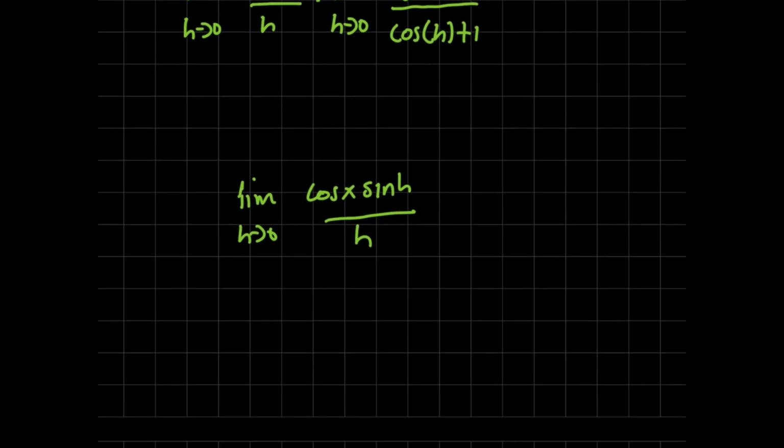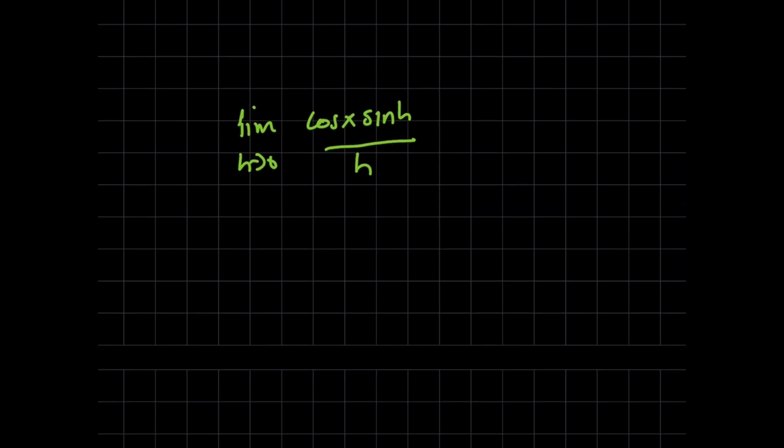Well, we can be strategic once again in pulling out our limit here, because I see now that I have sine of h over h in this expression, right? So why don't I just do this? Rewrite it as the limit as h approaches 0 of sine of h all over h times the limit as h approaches 0 of the remaining part, which is just cosine of x.